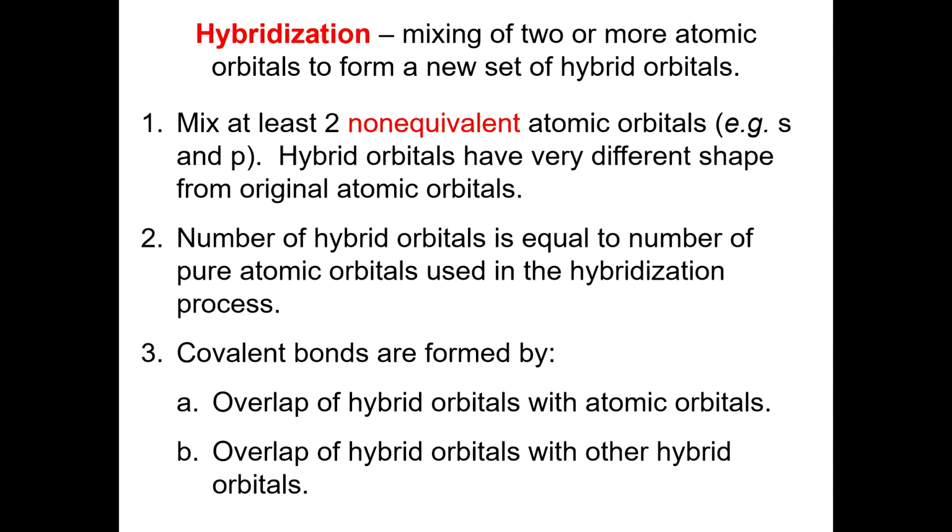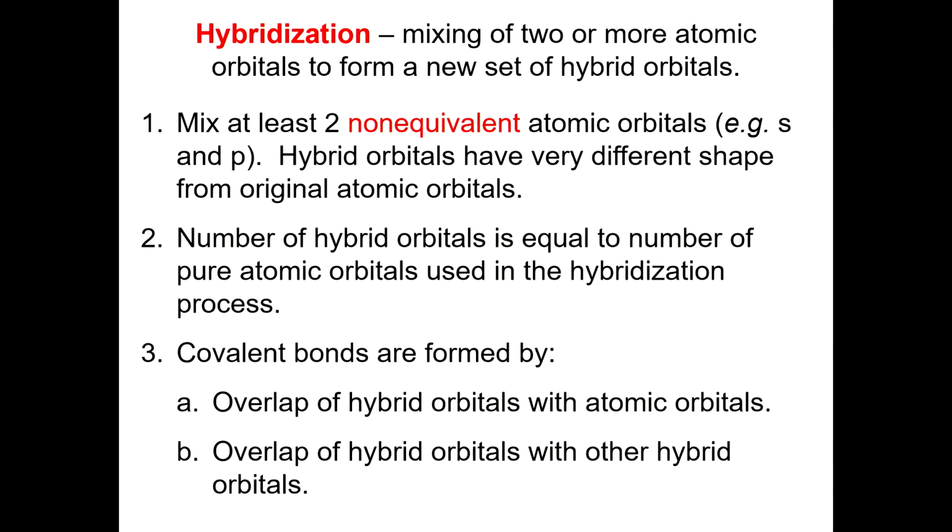hybridization theory to explain, to give us more details about the overlap of orbitals. So hybridization means the mixing of two or more atomic orbitals to form a new set of hybrid orbitals. So this is about the hybridization.